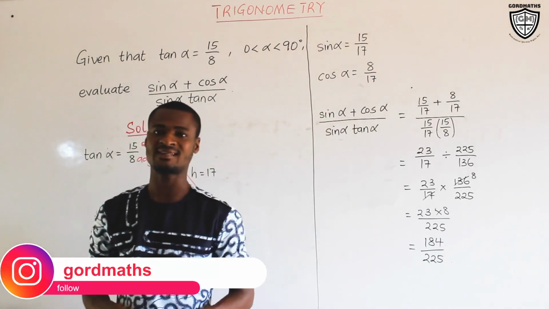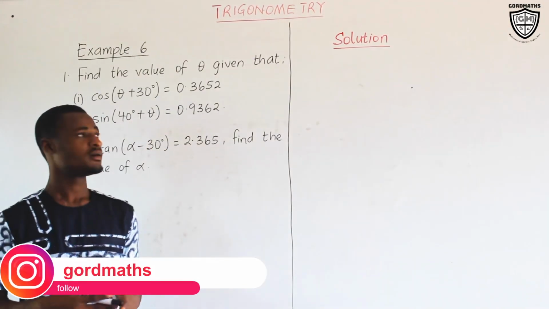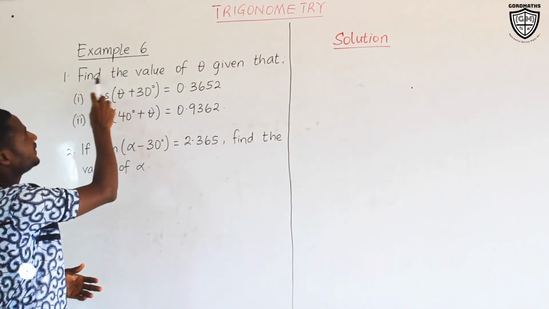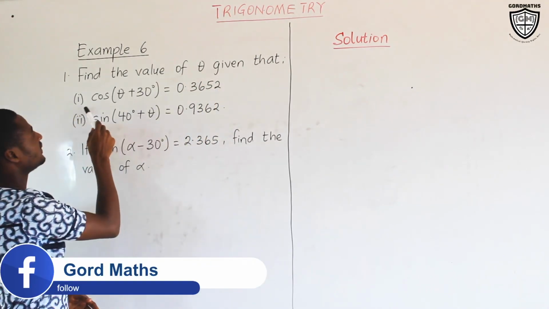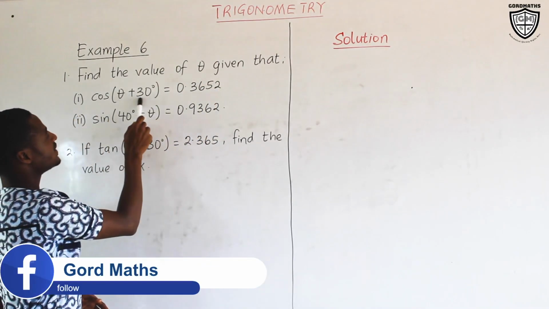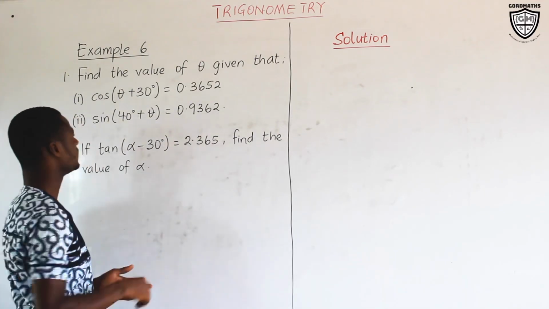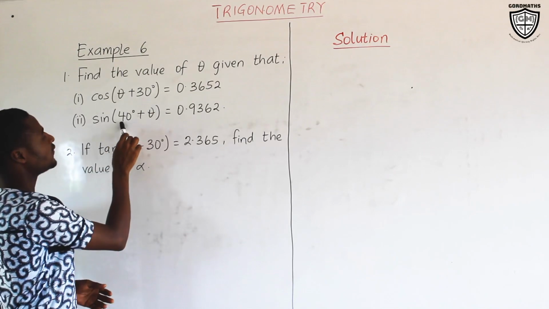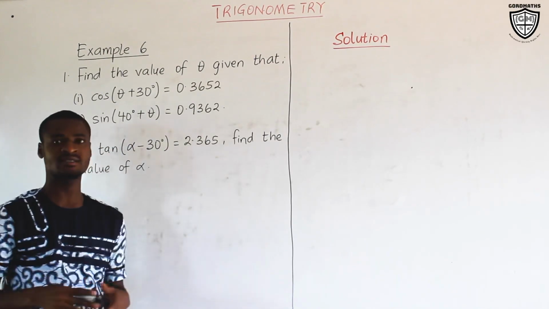Let's take another example. Find the value of theta, given that cos of theta plus 30 degrees is equal to 0.3652. And then the next one, sine of 40 degrees plus theta is equal to 0.9362.